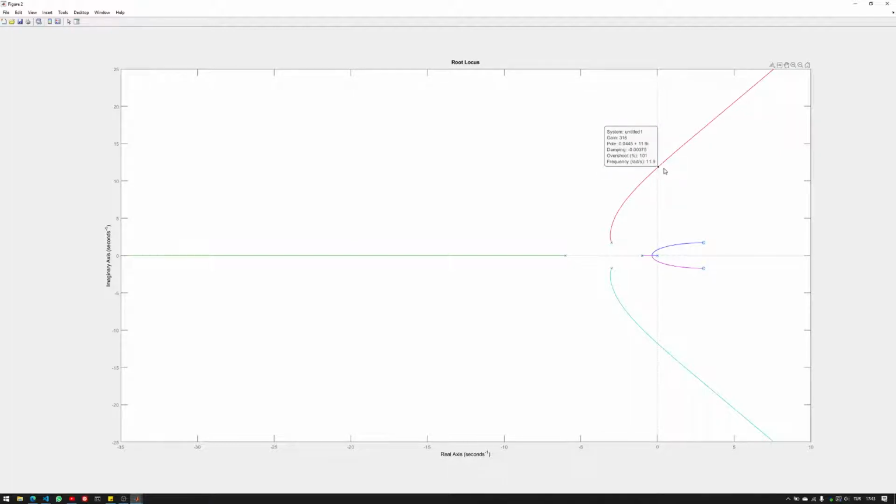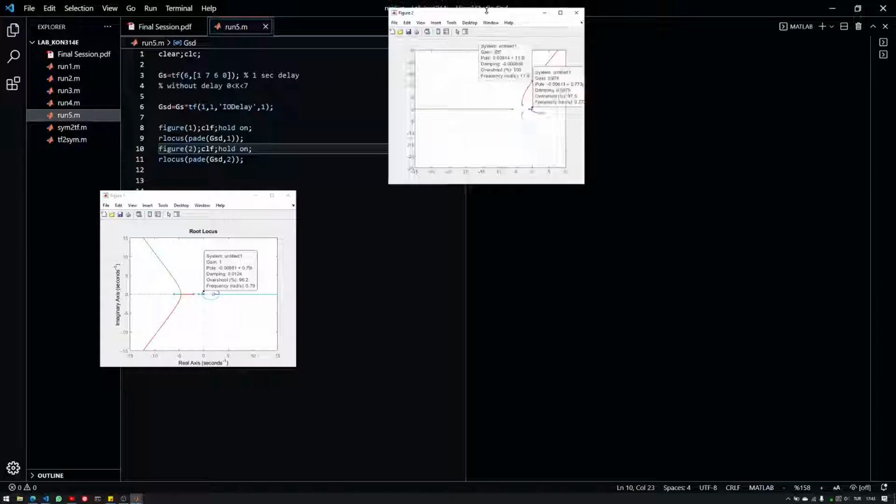Now, one of the branches here crossed at a very high gain, but the other one crosses approximately at 97, 98, sort of.